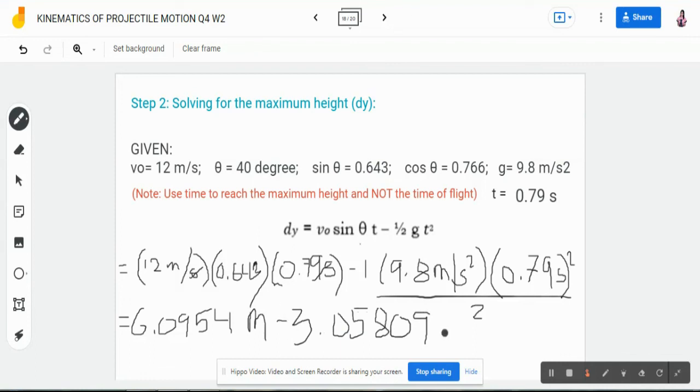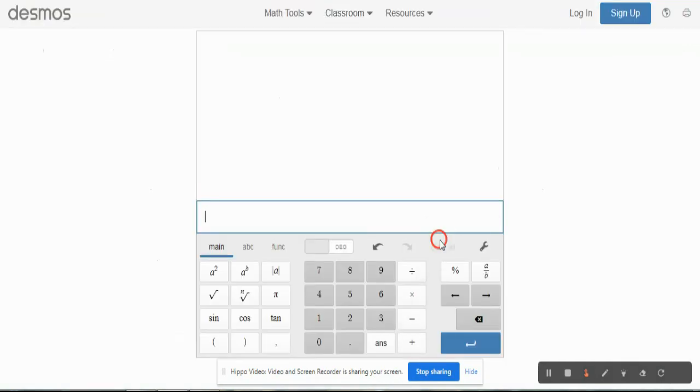Kasi sabi, minus natin. So, calculate na natin siya. So, that will be 6.0954 minus 3.05809. So, ito yung ating nakukuhang sagot.